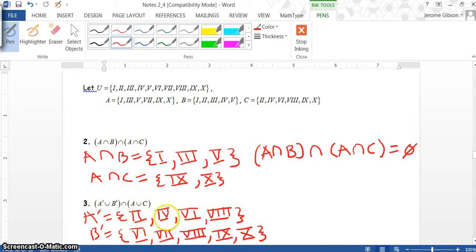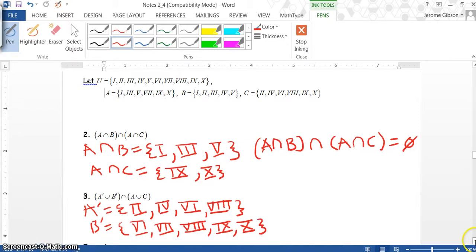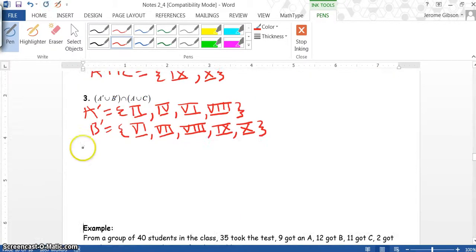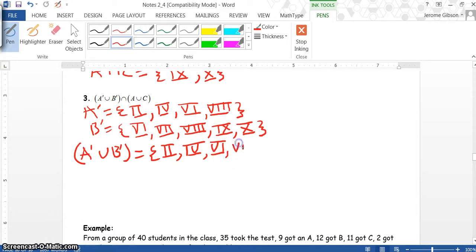We will have 2, 4, 6, 7, 8, 9, 10. So A complement union B complement would give us 2, 4, 6, 7, 8, 9, and also 10.